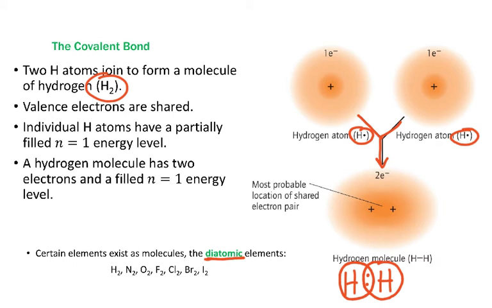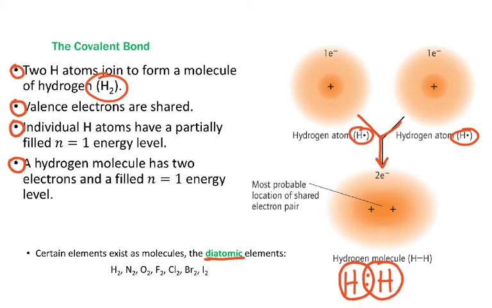So back to the text here. Two hydrogen atoms join to form a molecule of H2, and the valence electrons are shared. Individual H atoms have a partially filled n equals 1 energy level with 1 electron, and the hydrogen molecule has 2 electrons and a filled n equals 1 energy level, right?